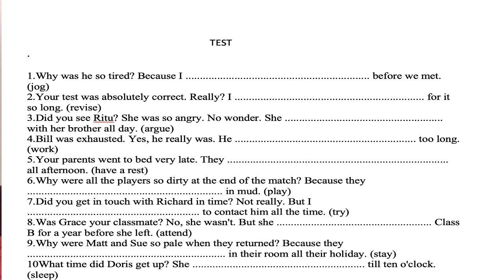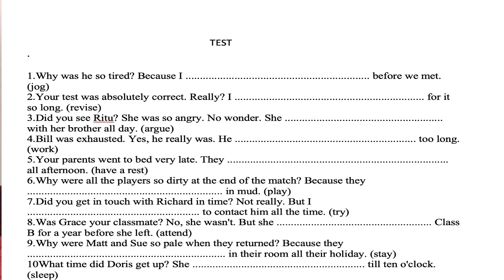First sentence. Why was he so tired? Because he dash before we met. In brackets, the verb which you have to use is jog. Your test was absolutely correct. Really? I dash for it so long. Revise is the verb. Third one.